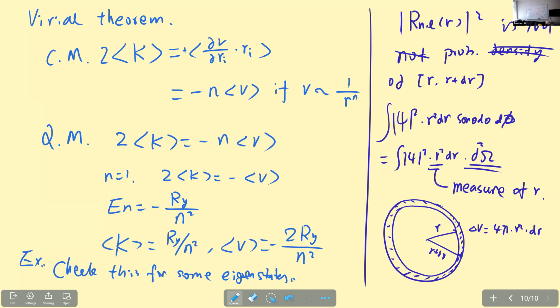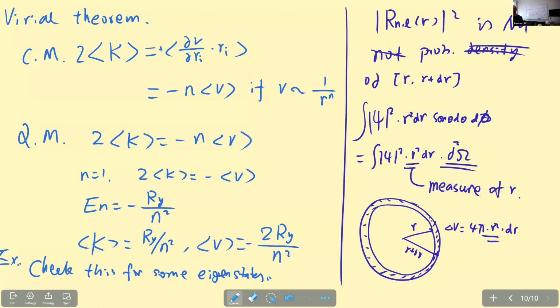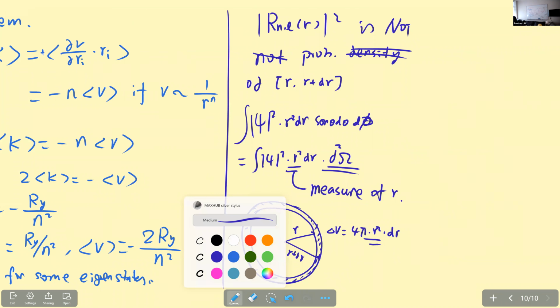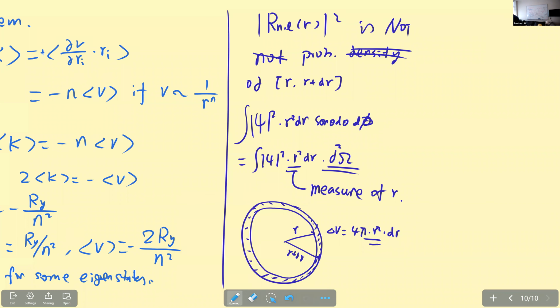So we need to take into account this measure to quantify the probability of finding the particle at a certain position, right?